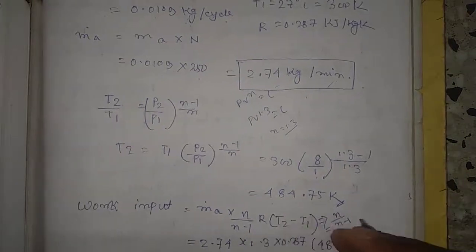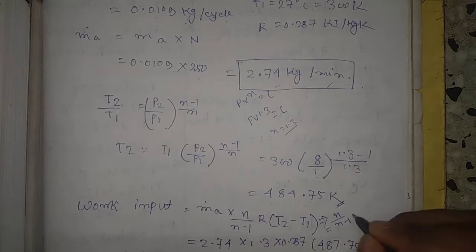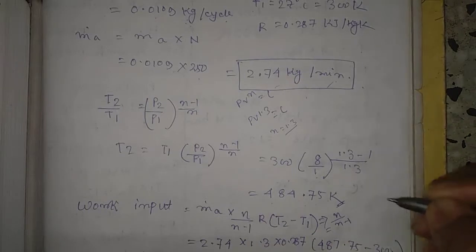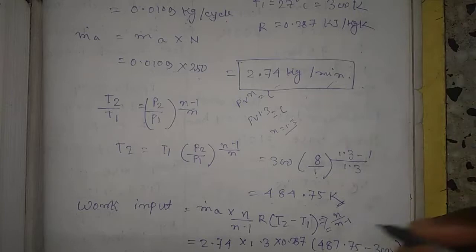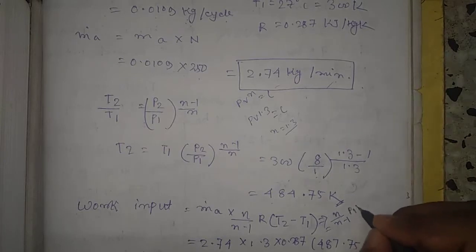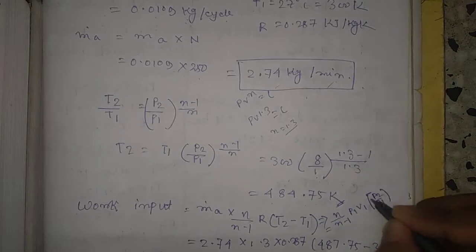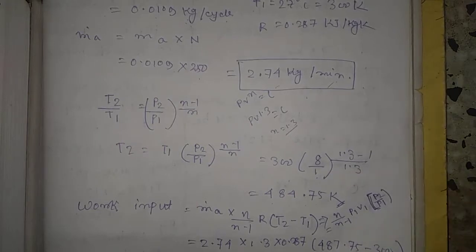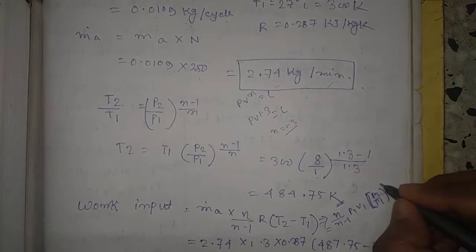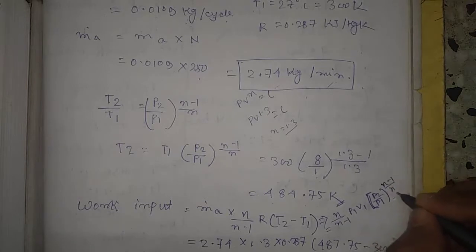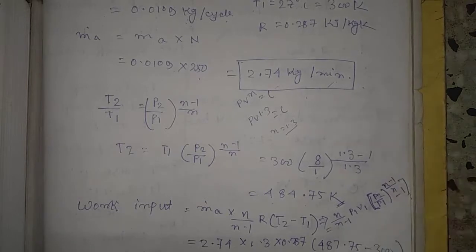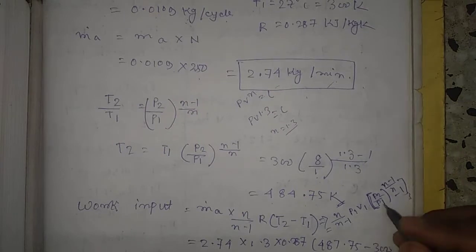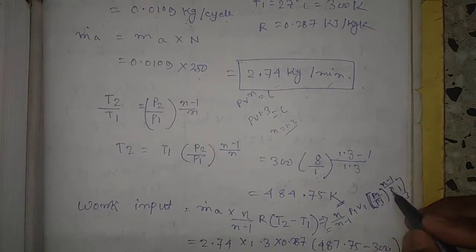Now it can also be written in this form: n by n minus 1, if the compression process follows the polytropic process, P1 V1 into P2 by P1 to the power n minus 1 by n.